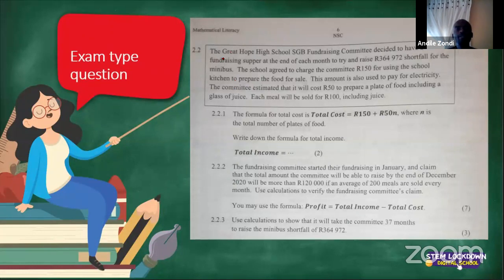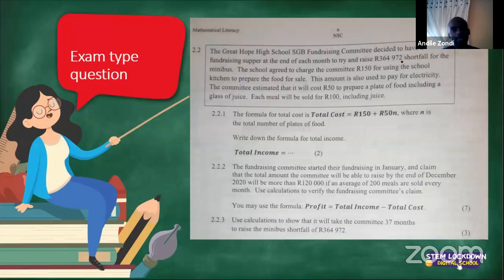Okay, I'll read for you. The statement says, Great Hope High School SGB fundraising committee decided to have a fundraising supper at the end of each month, obviously this is once a month, to try and raise 300.